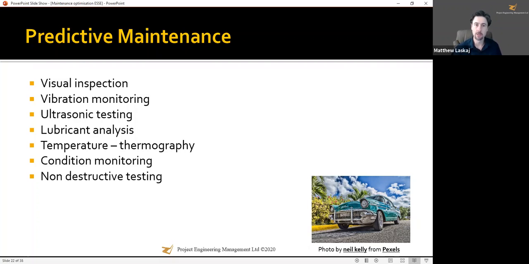Visual inspection, you know, just look at it, listen to it. Vibration monitoring, so rotating equipment, put vibration sensors, ultrasonic testing, so thickness testing, check the oils, thermography, so using a heat gun on electrical connections, non-destructive testing, so MPI for welds and those sorts of things.